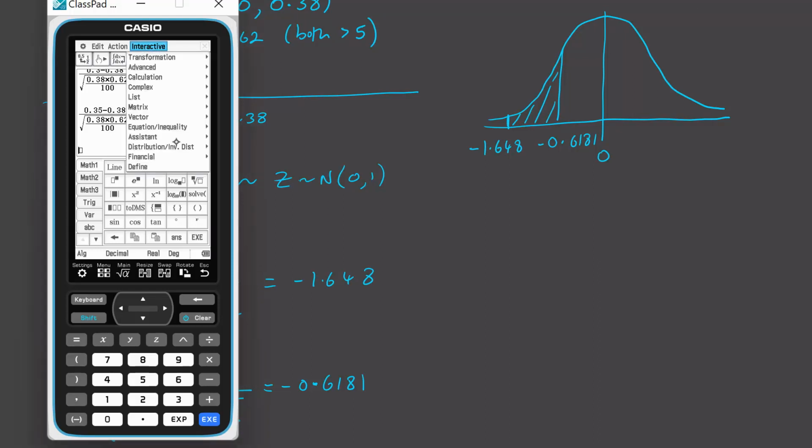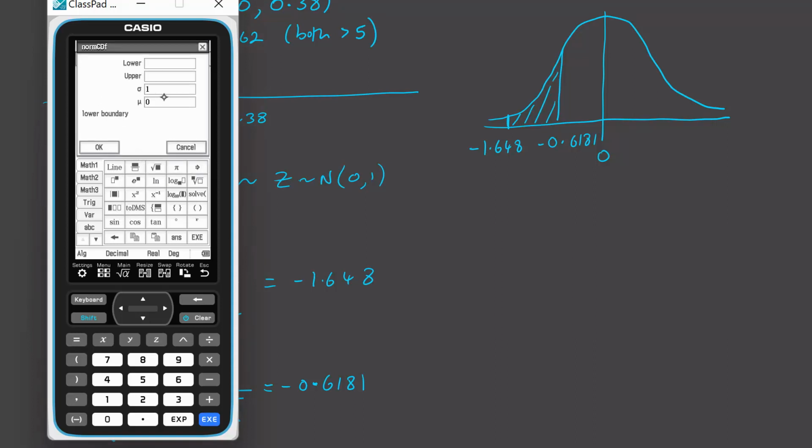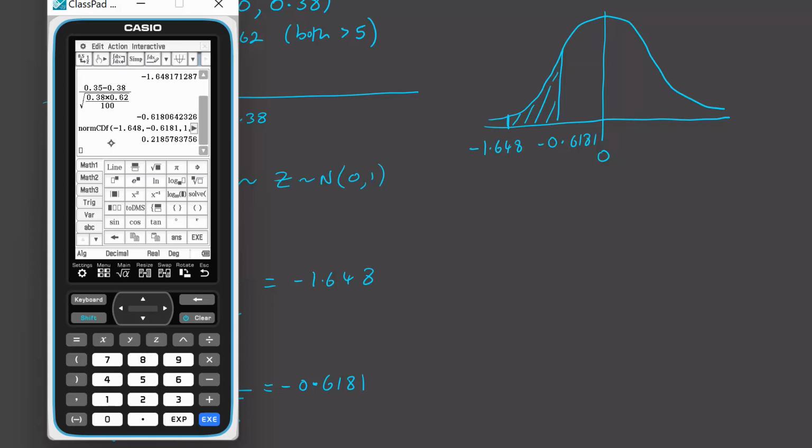So we can go to a normal CDF. It's set up for the standard normal, 1 and 0, so we'll just leave that. We've got negative 1.648, and we've got negative 0.6181, and that gives me this area here of 0.2186. So we'll say it's 21.86%.